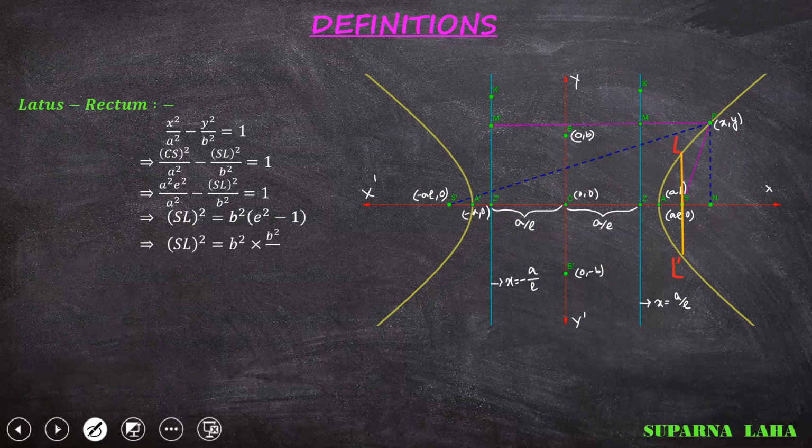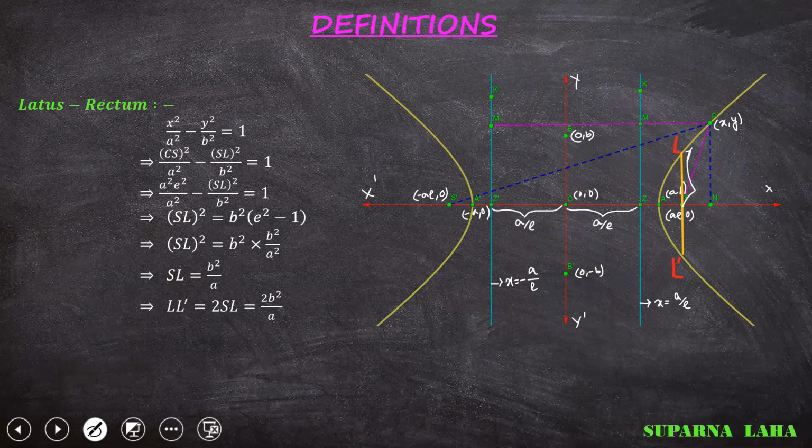So SL square is b square into b square by a square, which gives SL equals b square upon a. Now LL dash is 2 SL, just double this. LL dash is 2 into SL, and this value is 2b square upon a.